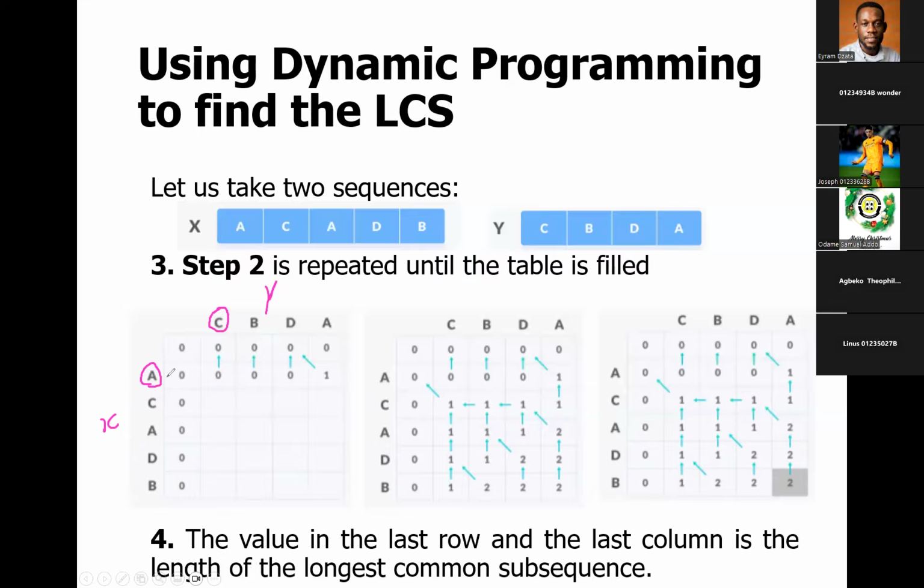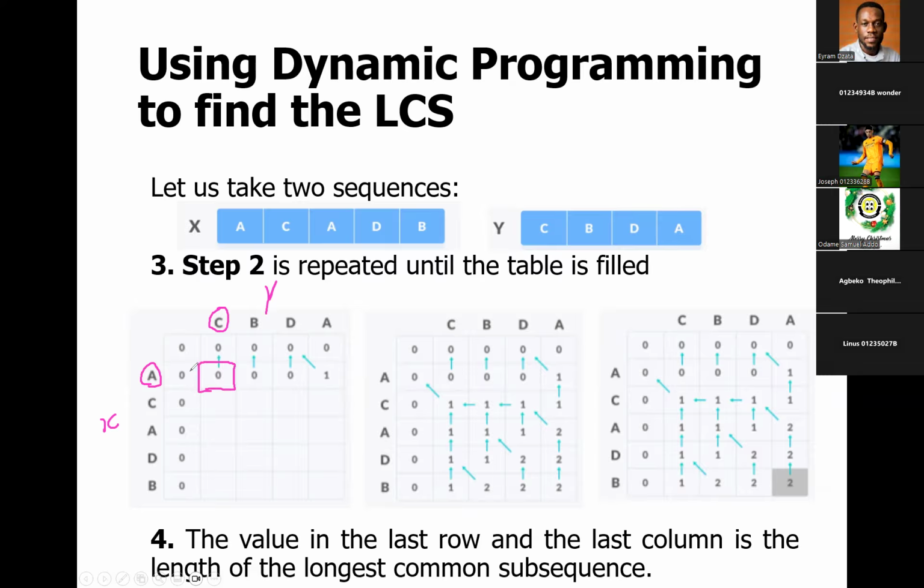So we take these two corresponding characters, and we find out, are they the same? Is A the same as C? I need your response. No, sir. Okay. So if they are different, then this is the cell for which we are trying to input the value.